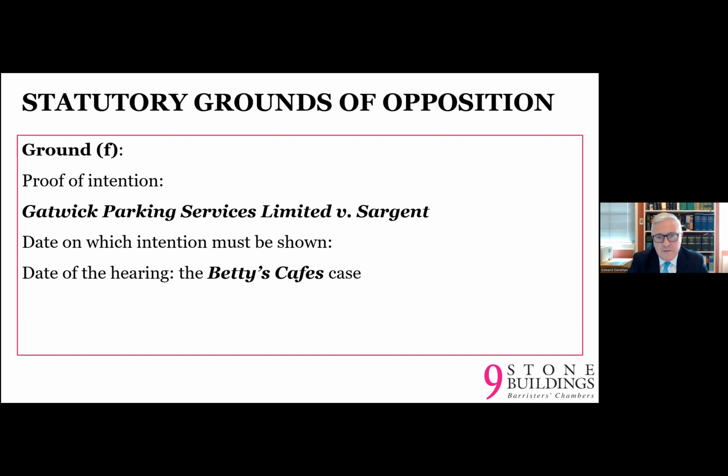So if the landlord wants to rely upon ground F, the date of service of the Section 25 notice is an important consideration. If, for example, lots has to be done in order to tick all the boxes to be able to prove that there's a reasonable prospect of bringing about that plan works.